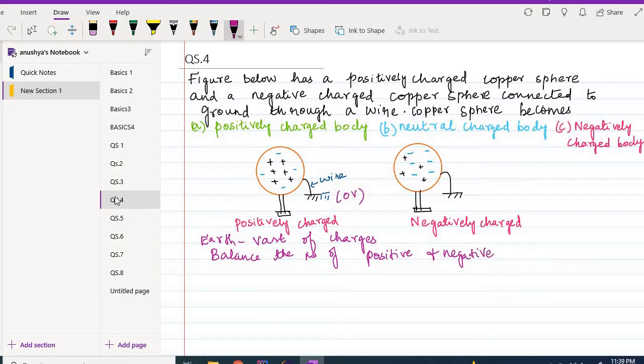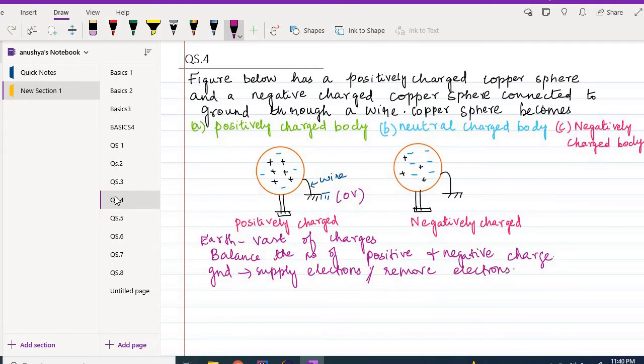So the earth, the ground, can supply electrons. At the same time, it can do two processes: as well as supplying, it can remove excess electrons.